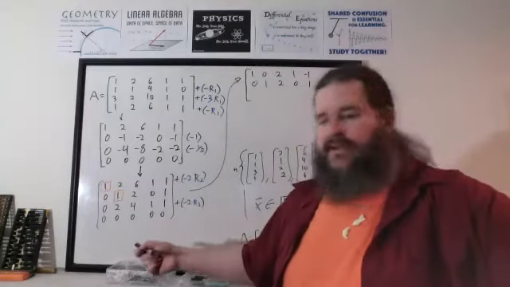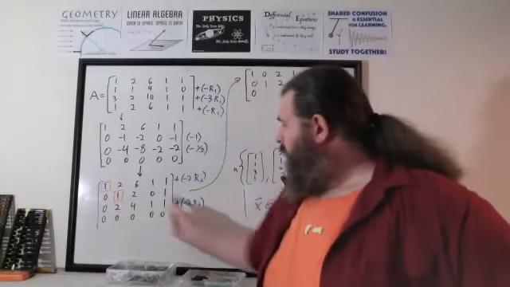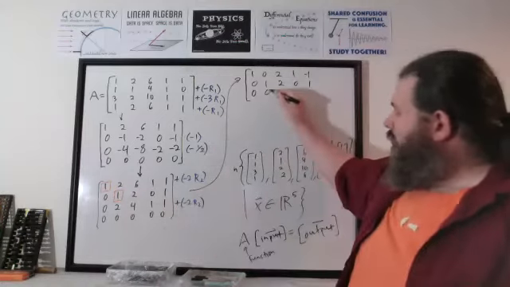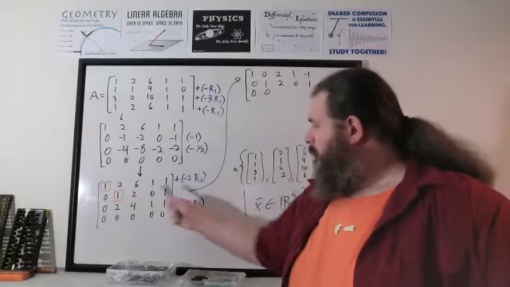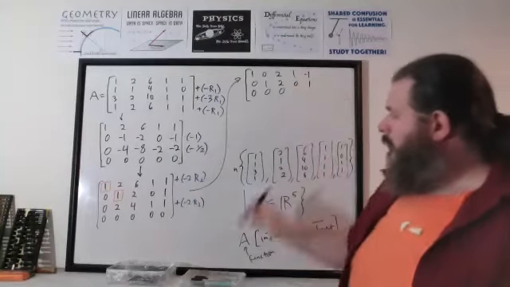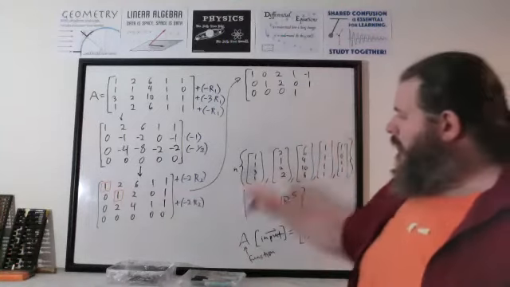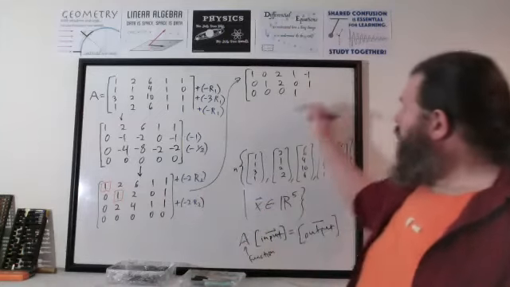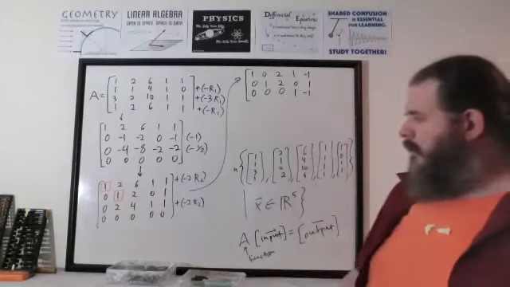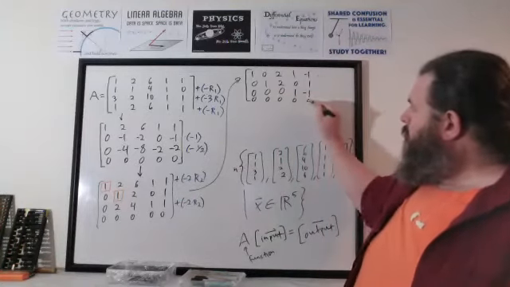Third row, we are changing. 0 minus 0, still 0. 2 minus 2 is now 0. 4 minus 2 times 2. So that's 4 minus 4. That's also 0. 1 minus nothing is still 1. And then 1 minus 2 is -1. And then fourth row, still all zeros.